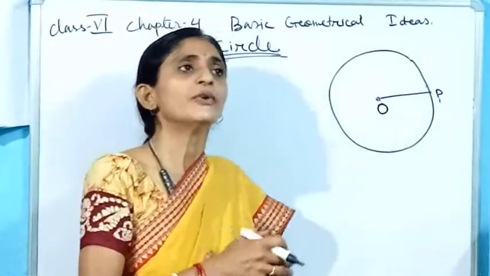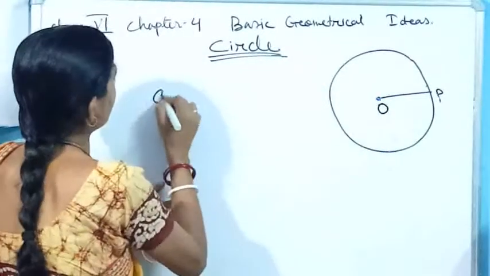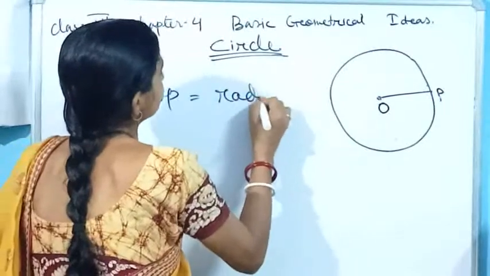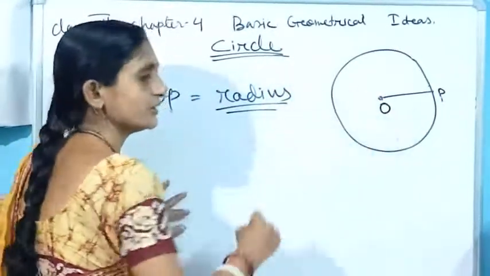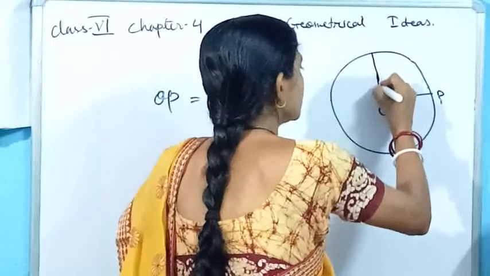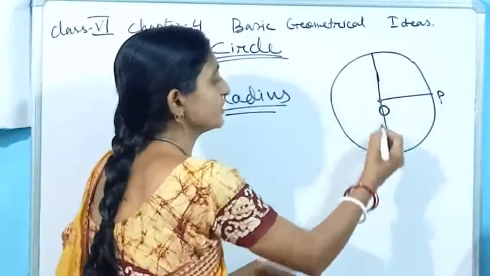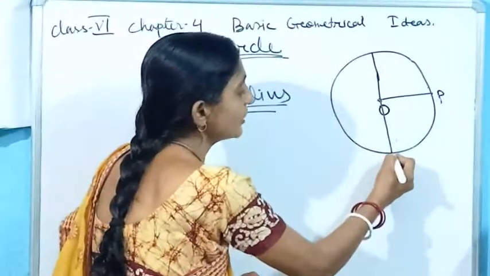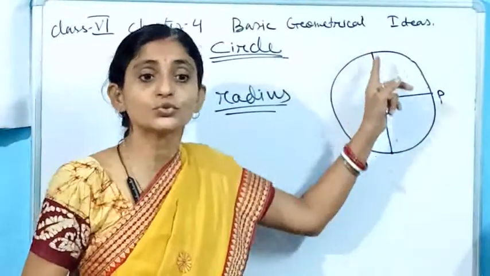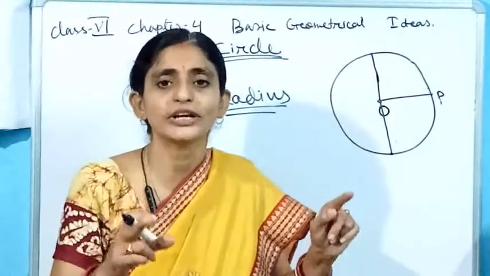Yes, OP is the radius, I can write here. Now, if I draw one line which passes through the center and touches the opposite side of the circle, that line, passing through the center and touching two different points of this circle, is called the diameter.